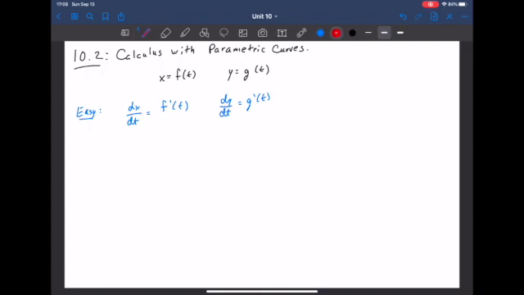So that's my first really important warning: neither dx/dt nor dy/dt is, and this is always true, the slope of my parametric curve.